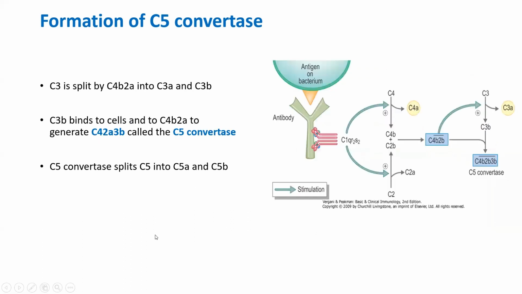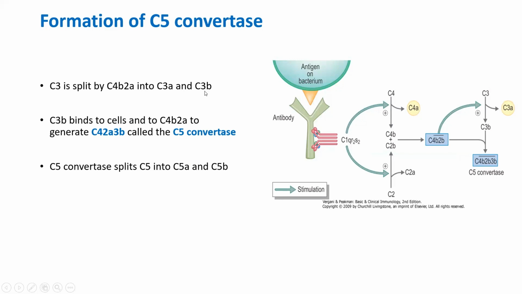Now the C3 convertase works by cleaving. A convertase is an enzyme. So the C3 convertase splits C3. Remember, C4b2a was the C3 convertase. So it splits C3 into C3a and C3b.